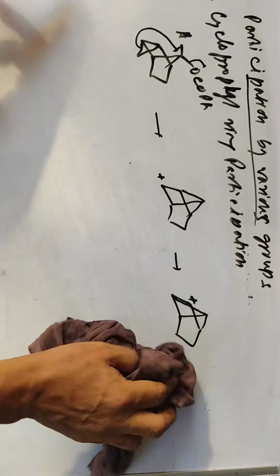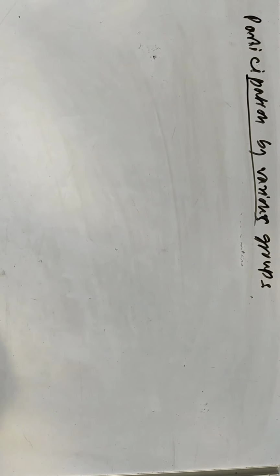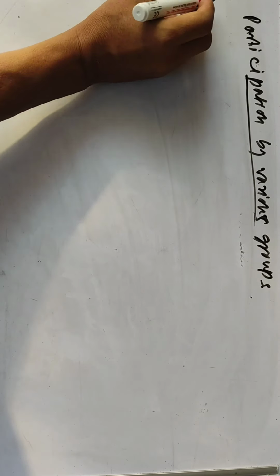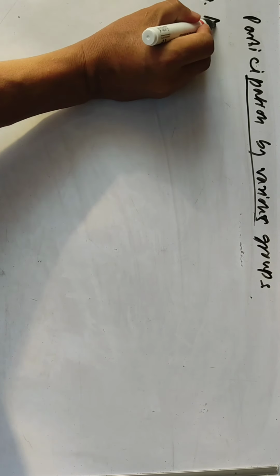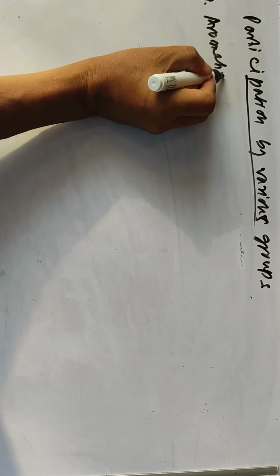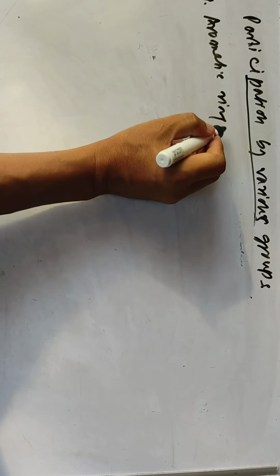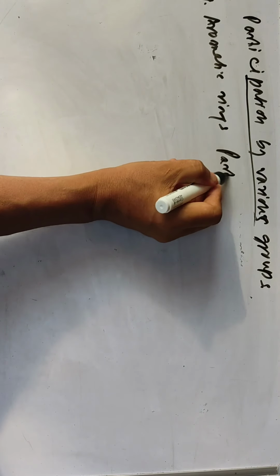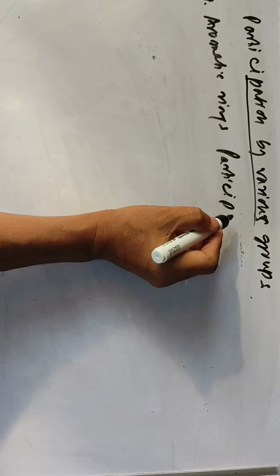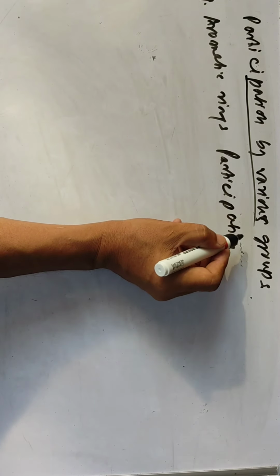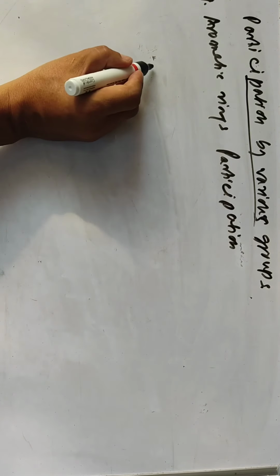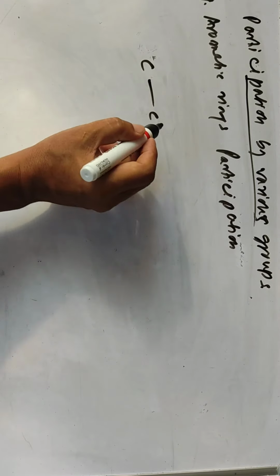Finally, the last one we have is aromatic ring participation. Aromatic ring can also take part as neighboring group participation. So I am giving examples here of how aromatic rings undergo participation. So let's say a compound in substitution reactions.